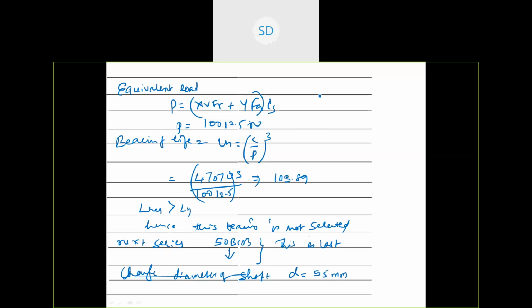Then correspondingly you note down the 55 BC03 data. Now you try and upload the same copy to WhatsApp. I'll provide the values of C0 and C for 55 BC03 here.